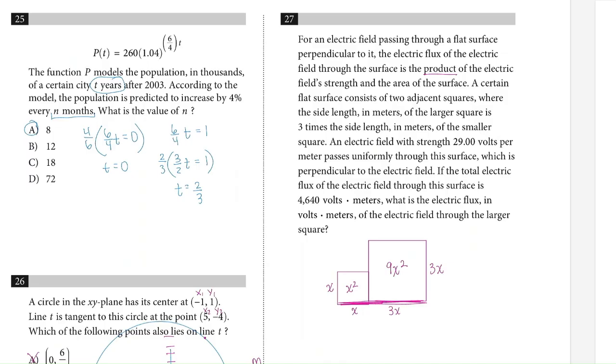It says here that the electric flux is the product of the electric field strength and the area of the surface. So we have 9x squared plus x squared, which equals 10x squared. We know that the strength is 29 volts per meter, and it passes uniformly through this surface, so that's going to equal 4640.